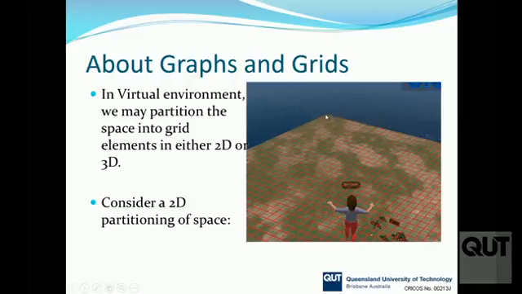Knowing the step distance and where the origin is, you could determine the coordinate of any other point in this grid through some fairly simple calculation. So in a virtual environment, we might partition the space into grid elements in either 2D or 3D is one possibility.